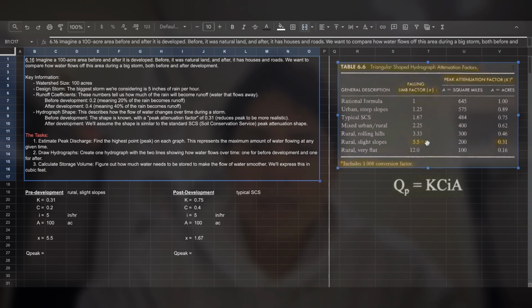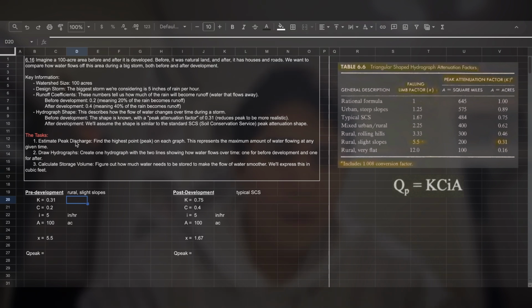Hopefully that makes sense conceptually what we're doing. Now let's move on to solve the problem. We are given the information that in the pre-development, we now know that it is the rural slide slopes. K is 0.31. We are given a 0.2 runoff coefficient. Our intensity is 5 inches per hour and our area is 100 acres. Because our K is 0.31, we know that X, our falling limb factor, is 5.5.